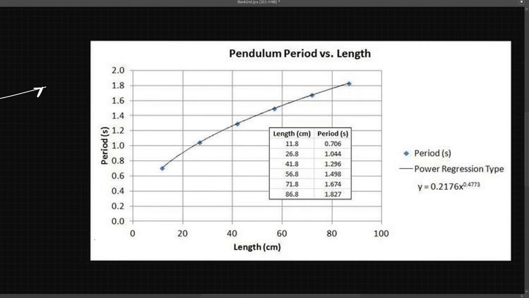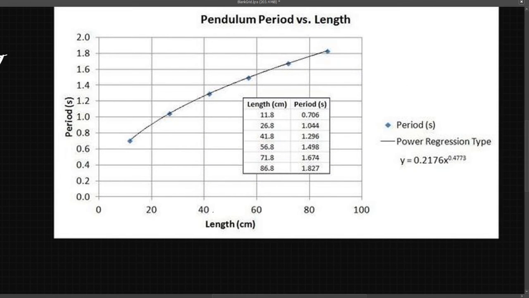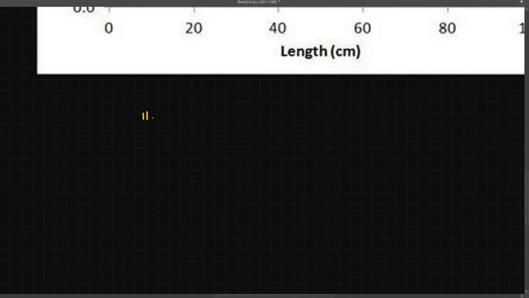So basically, I'm going to ask you for an interpretation of the shape of this graph. So if I said, hey, describe the relationship between the length of a pendulum and the period of the pendulum, you could pretty easily say a longer pendulum will have a longer period.